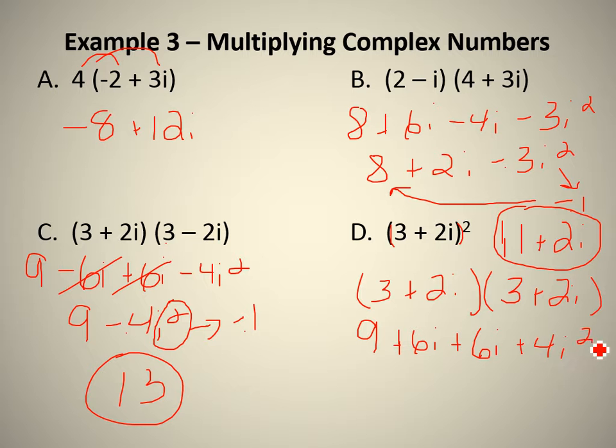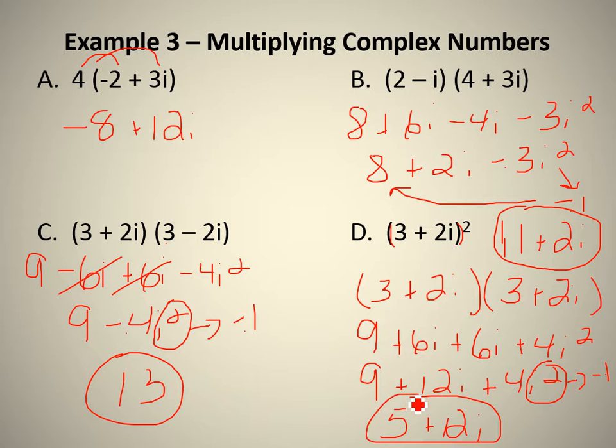So when I combine like terms here, this is going to be 9 plus 12i plus 4i squared. But once again, just notice you have this i squared at the end, which I can make negative 1. So when I do positive 4 times negative 1, that's negative 4. And when I combine the negative 4 with the positive 9, that ends up being 5 plus 12i. And that's part D right there.